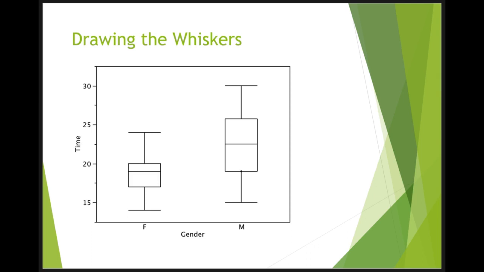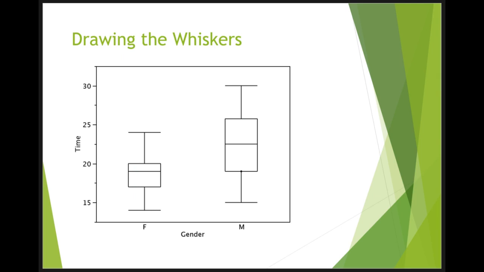Now that we've gone through all that terminology, we can continue drawing the box plots. The next step is to draw the whiskers. Whiskers are vertical lines that end in a horizontal stroke. A whisker is drawn from the upper hinge, which you recall is the 75th or third quartile, to the upper adjacent value. A whisker is also drawn from the lower hinge, the 25th percentile or first quartile, to the lower adjacent value.